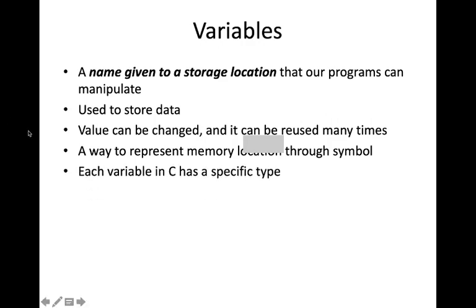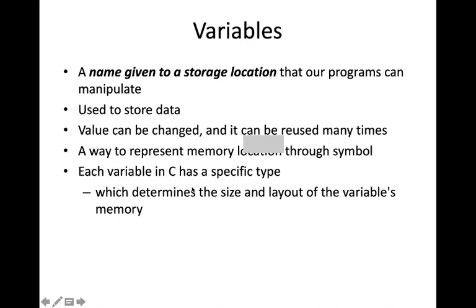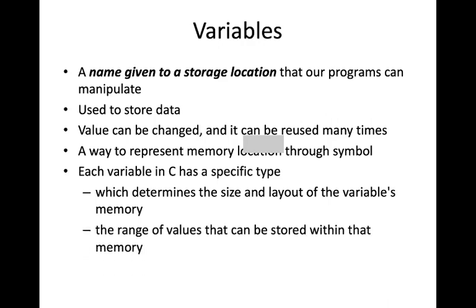Each variable in C has a specific type also. We have already seen what data types are. Each variable should have a data type. This type determines the size and layout of the variable's memory: how much memory is allocated for that variable. It also specifies a range of values that can be stored within that memory.